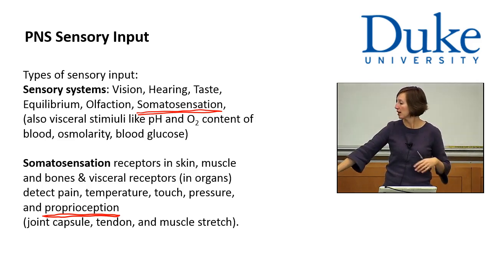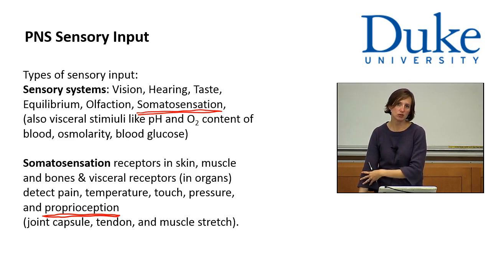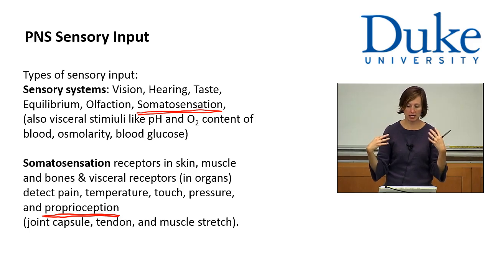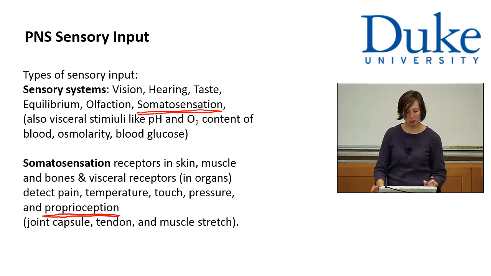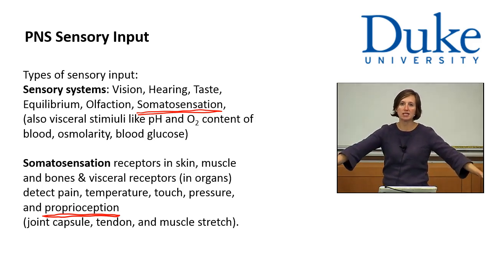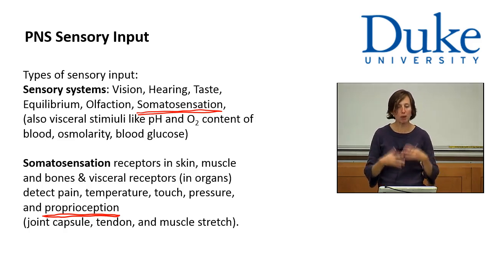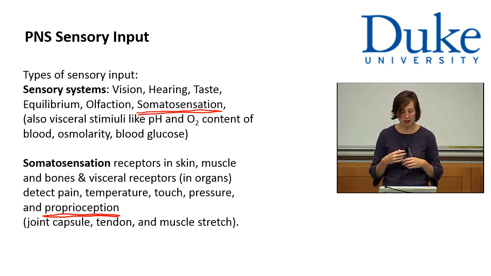It's sensing stretch in your muscles, tendons, or joints that can tell you where your body is in space. So proprioception is part of the sensation that occurs in your body, apart from your special senses that are in your head.